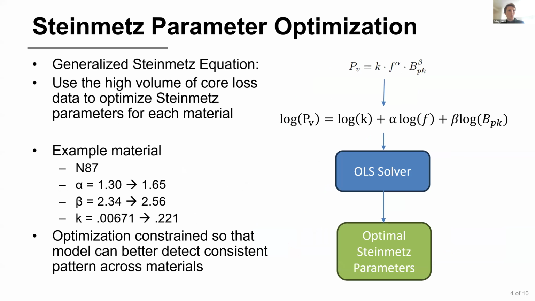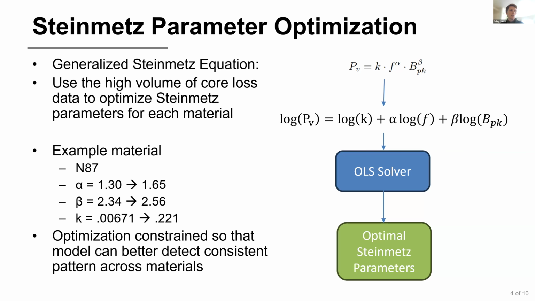So what we did was we took advantage of the high volume of core loss data provided by the Princeton team for this challenge. And we found the Steinmetz parameters that would minimize the percent error just using the basic GSE equation.